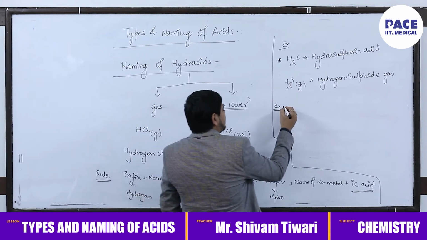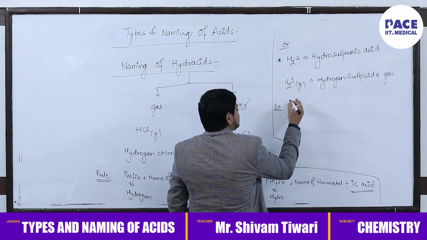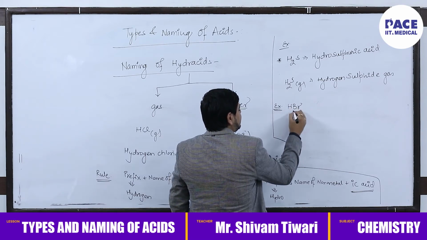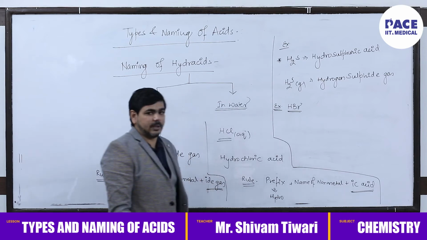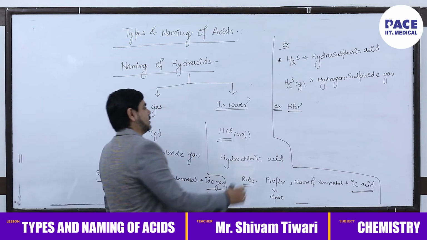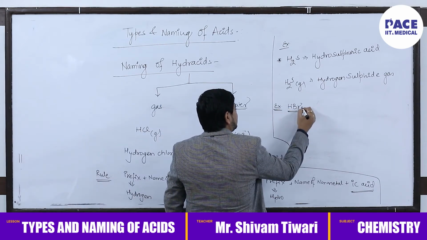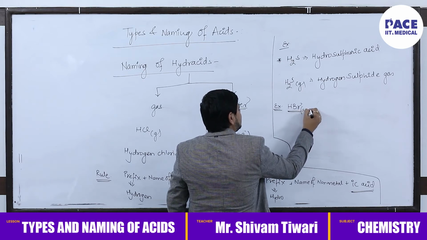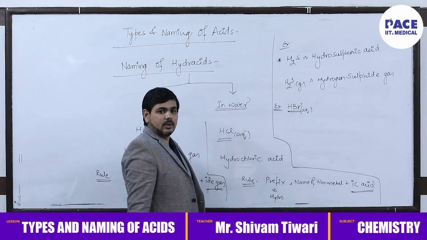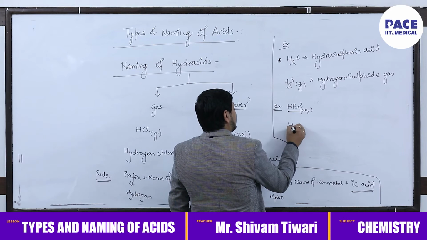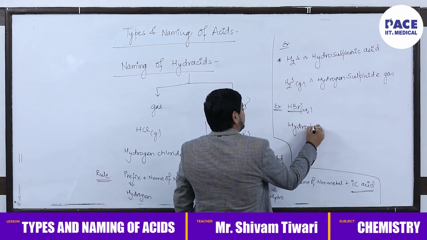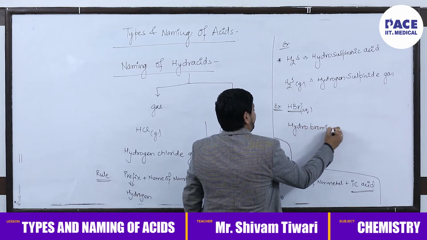Let's say we have to write the example of HBr in water, aqueous. What is the name? The name is going to be hydrobromic acid.